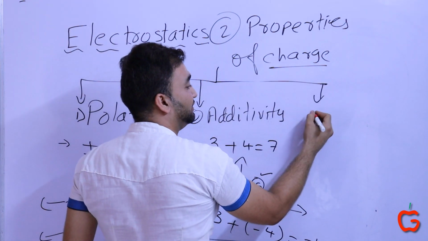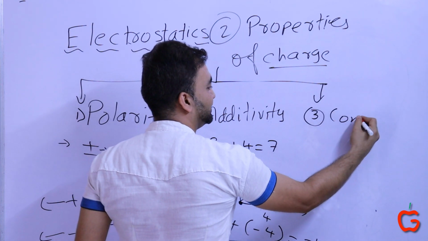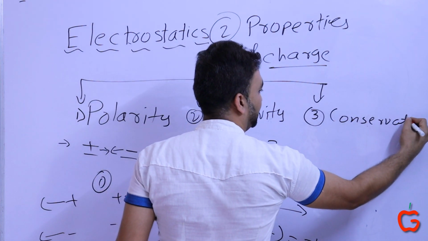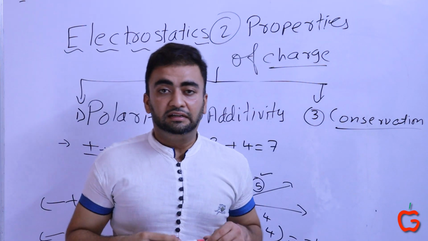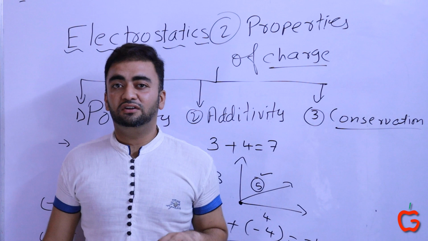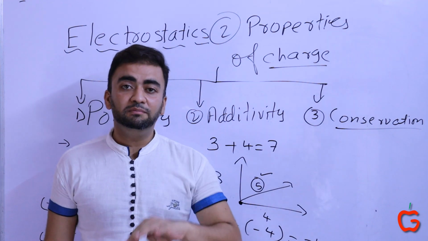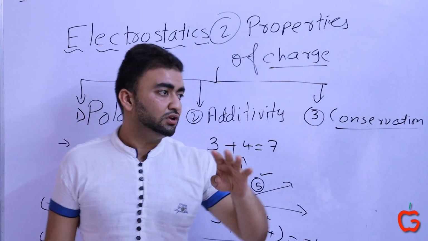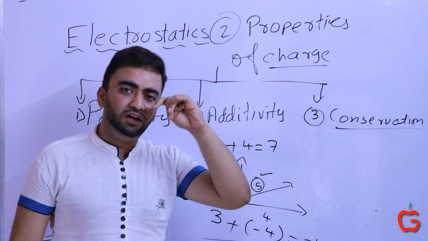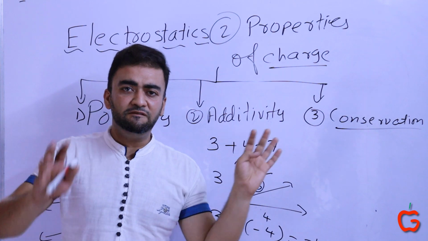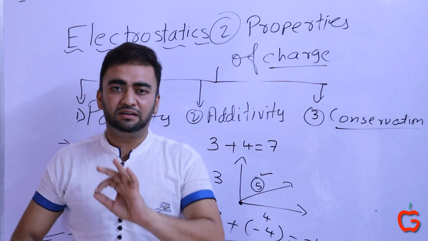The next property, a very interesting property of charges, is conservation of charges. Now there are only 4 laws of the universe which have not been broken down. Those laws are the 4 conservation laws. Except these laws, all other laws, all other rules have been broken down at some point.